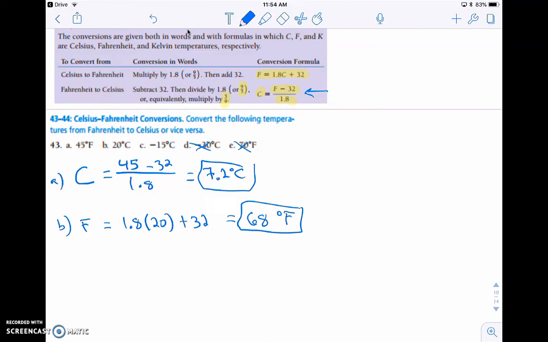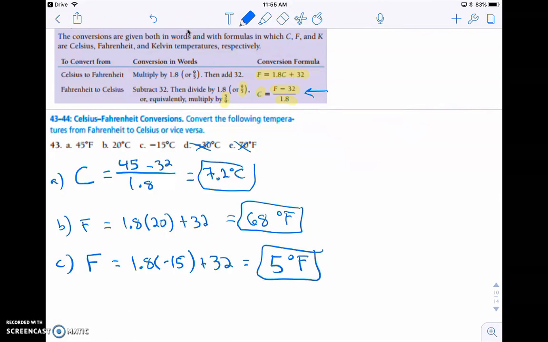Now sometimes people worry about what happens when I have a negative, and you just keep doing everything the same when you have a negative. So if I have negative 15 degrees Celsius and I want to go to Fahrenheit, I'll say Fahrenheit is 1.8 times negative 15 plus 32. And that will give you 5 degrees Fahrenheit.